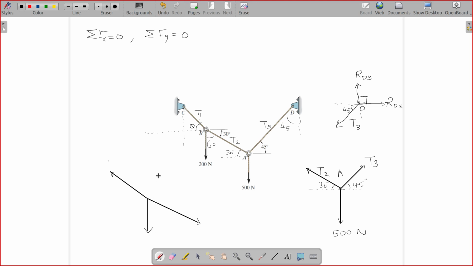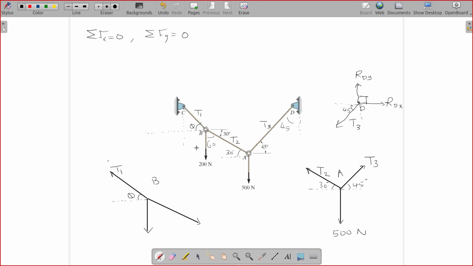Junction B also has three forces. T1 in this direction, theta here which is unknown, it's not given.